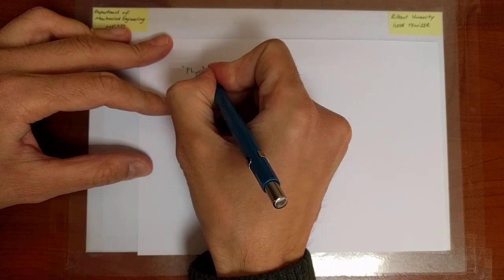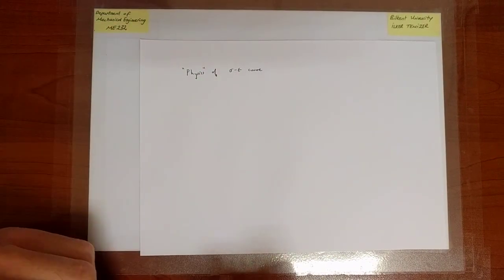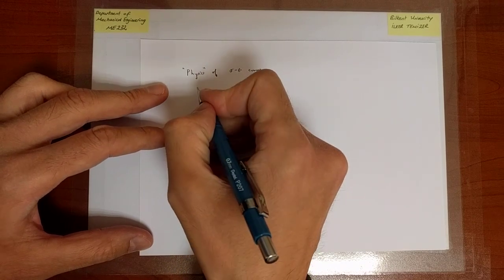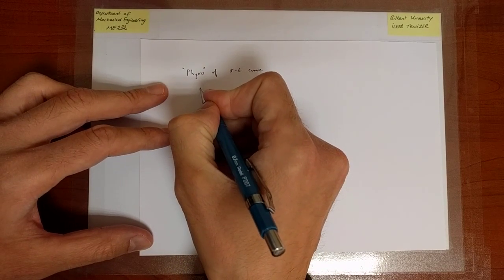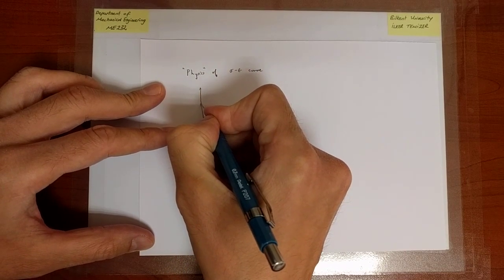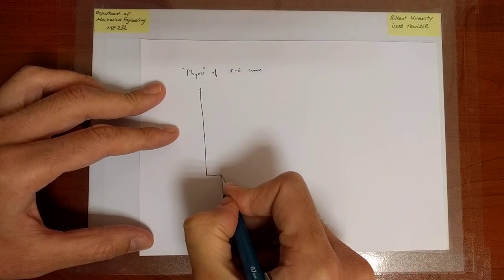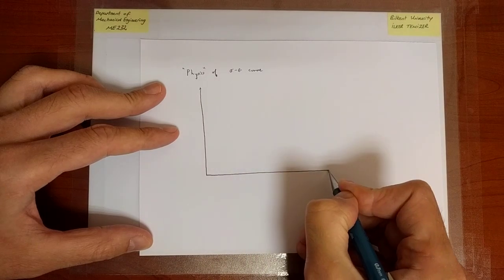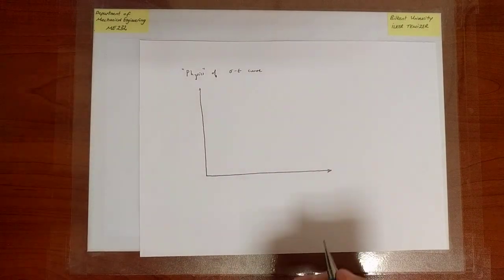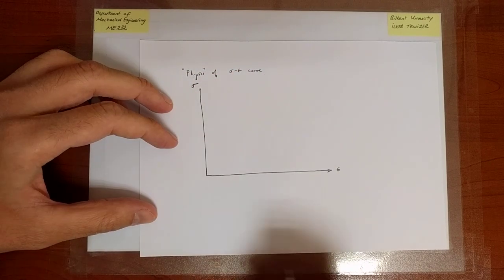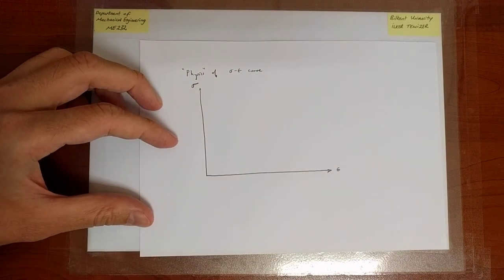I will put physics in quotes because the topic really falls not in this course, but more so in your chemistry course associated with materials science. But let me just emphasize why the stress-strain curve looks the way it does, at least for metals.